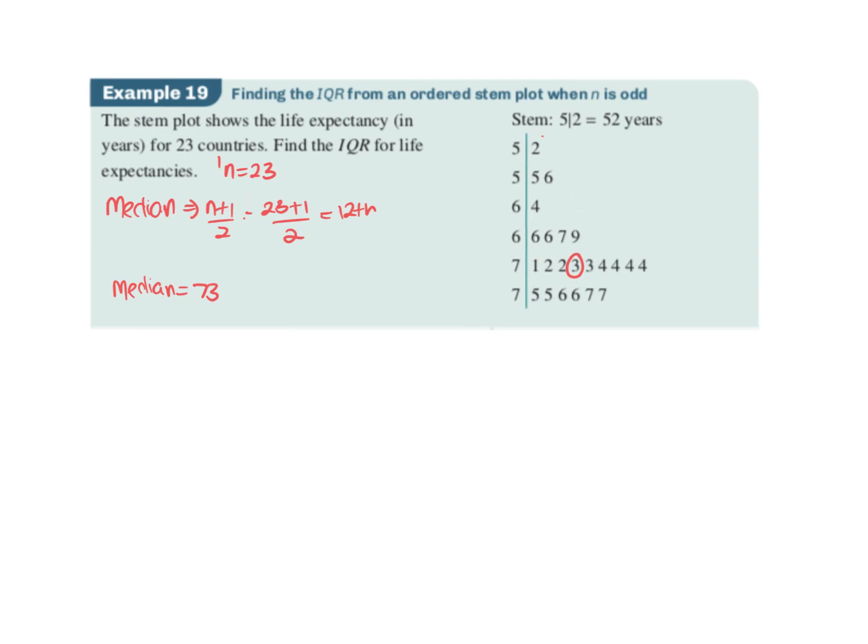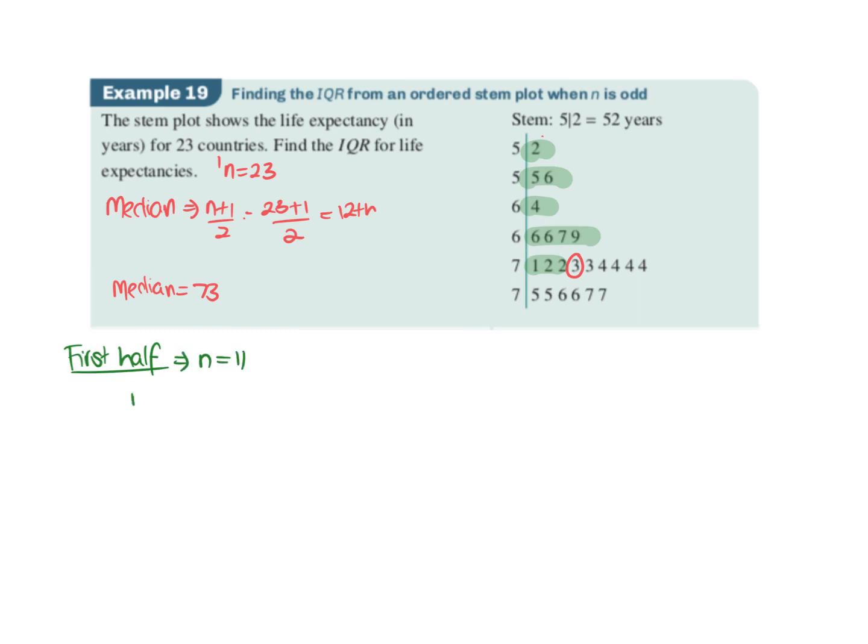So once again, I'm going to take that first half. So I've got 11 numbers in the first half before the median. Remember Q1 is the median of the first half. So for the first half, we're going to say N equals 11.